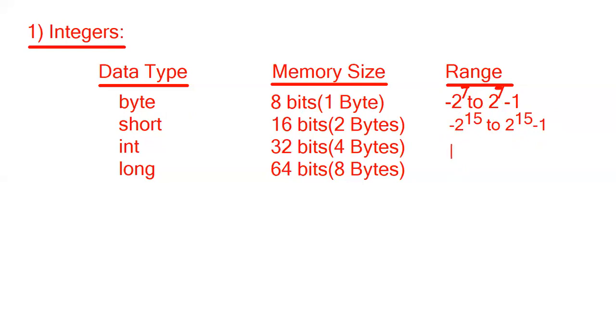Next int, minus 2 to the power of 31 to 2 to the power of 31 minus 1. Here, minus 2 to the power of 63 to 2 to the power of 63 minus 1.